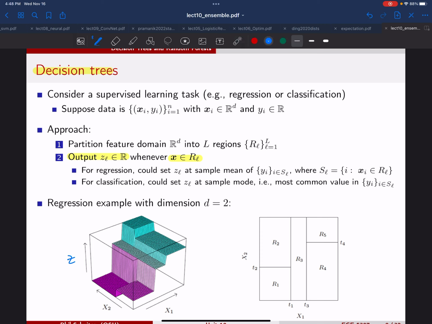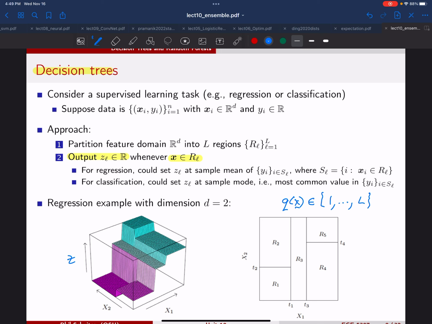So you can think of this function over here, q(x). We'll call q(x) the part of the decision tree that tells you which leaf it falls in. So it's going to report a number between 1 and capital L, where L is the maximum number of leaves.